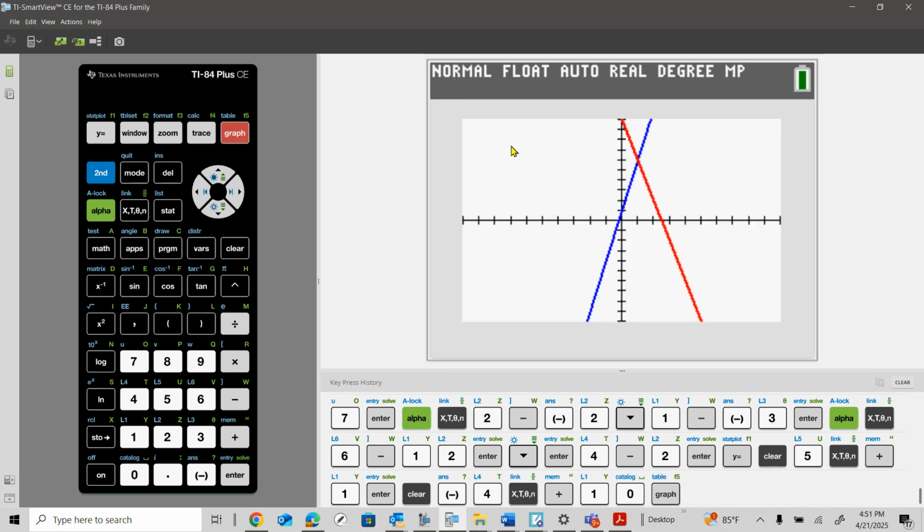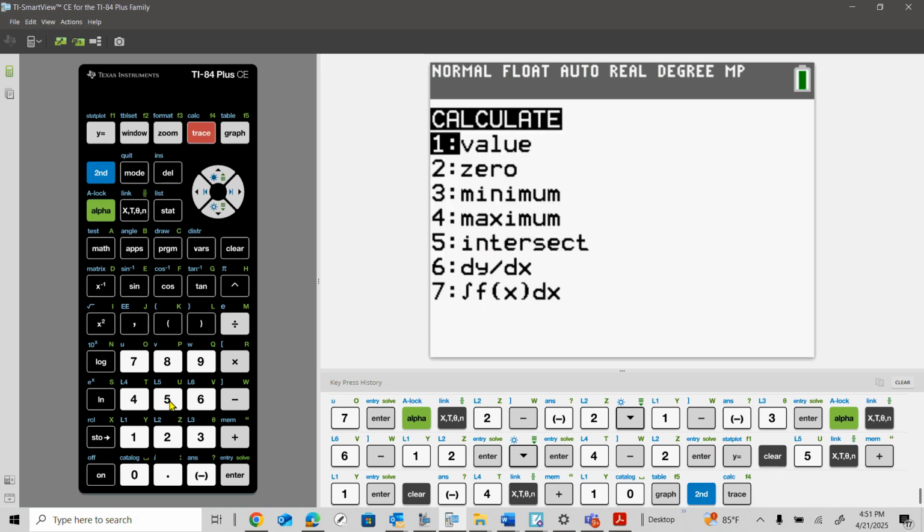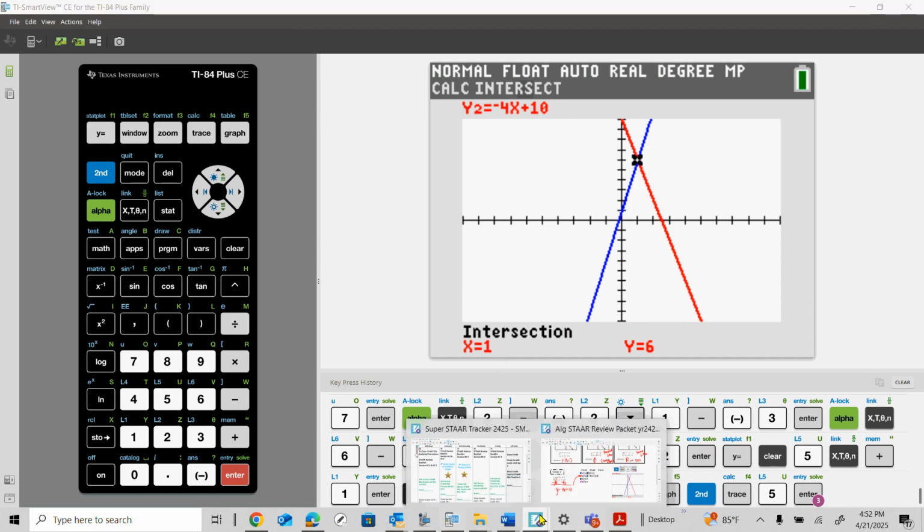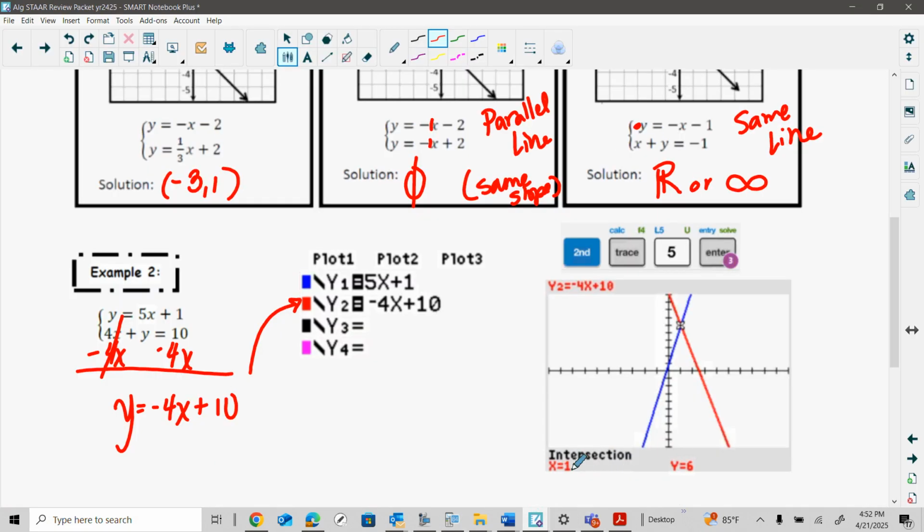The intersection has to be visible in our window for it to work. And then we hit second trace. We pick 5, which is the intersection, and then we hit enter 3 times. We have to see the word intersection to get to that solution. So we have the intersection at 1, 6, and even in the notes, it's showing the word intersection. So that is our solution to the system.